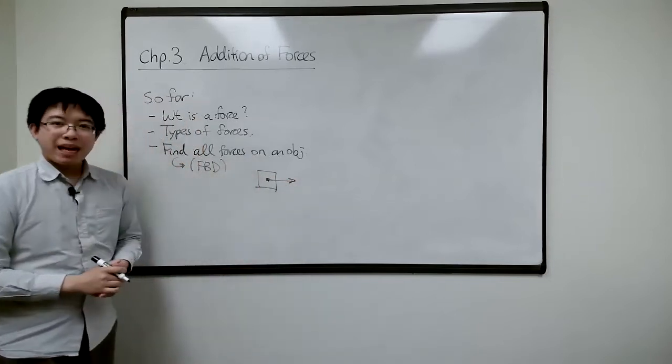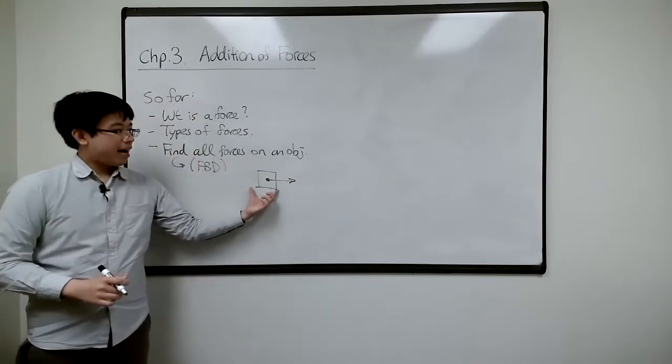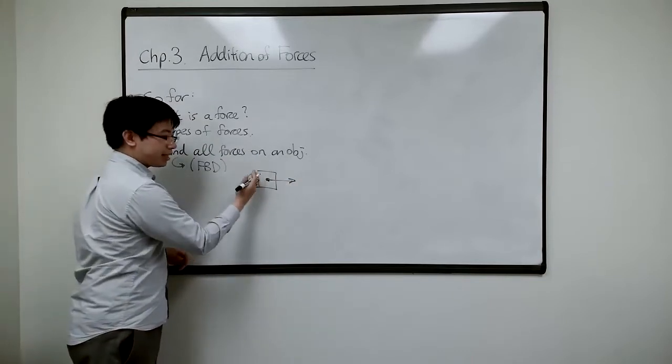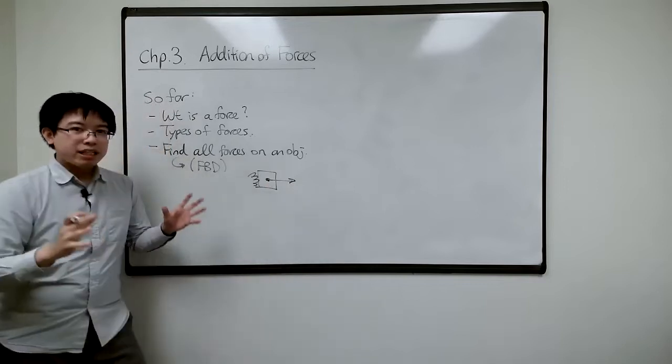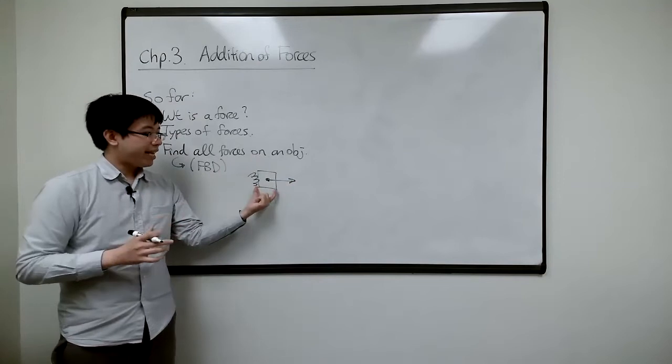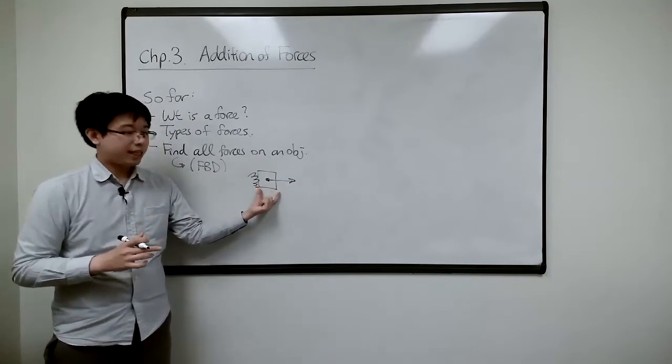The way to think about this sounds a bit counterintuitive: even though I'm touching this surface, I want to draw it from here. It's because with free body diagrams you want to put yourself in the situation of the object of interest.